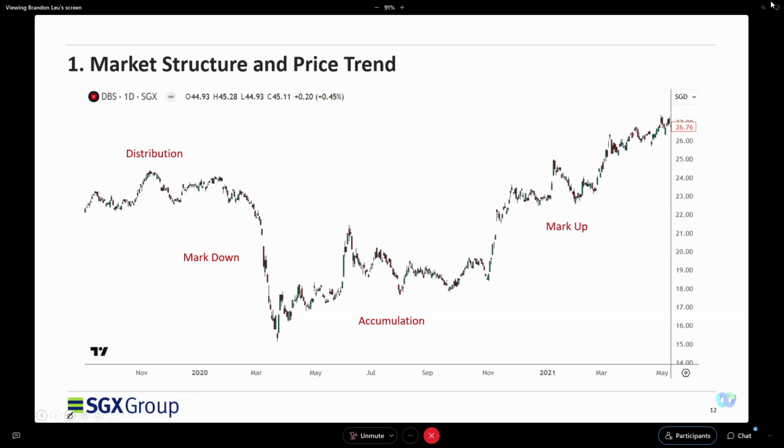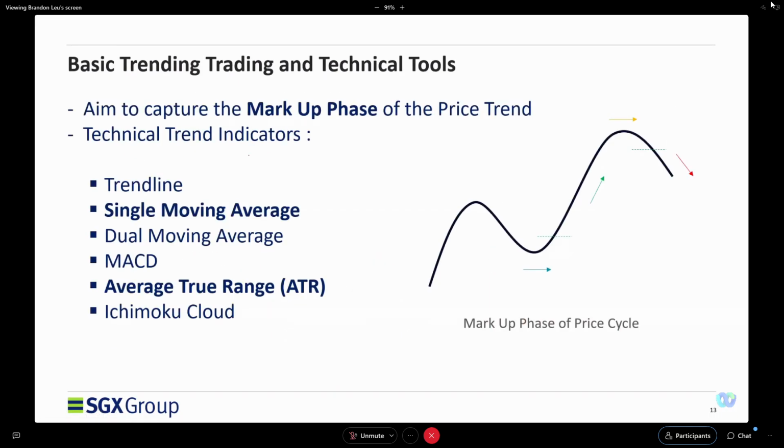So what are the tools that we usually use to identify a trend? The tools that we usually use are trend line, moving average, single and dual, and also MACD, moving average convergence divergence, ATR, and Ichimoku cloud. These are some of the trend following tools in the technical analysis toolbox.